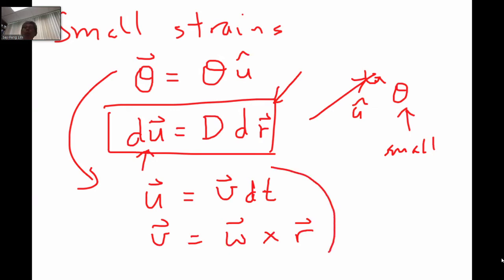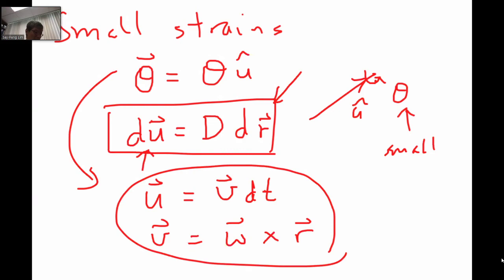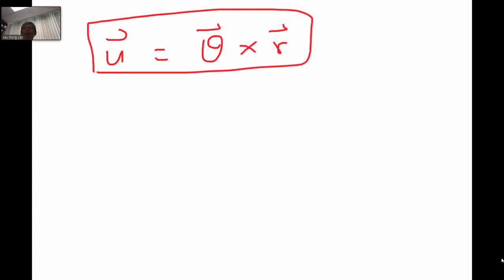So if you were to work this thing out, you can get u equal to theta cross r. And when you do this, then you can easily work out what the matrix of partial derivatives would be.